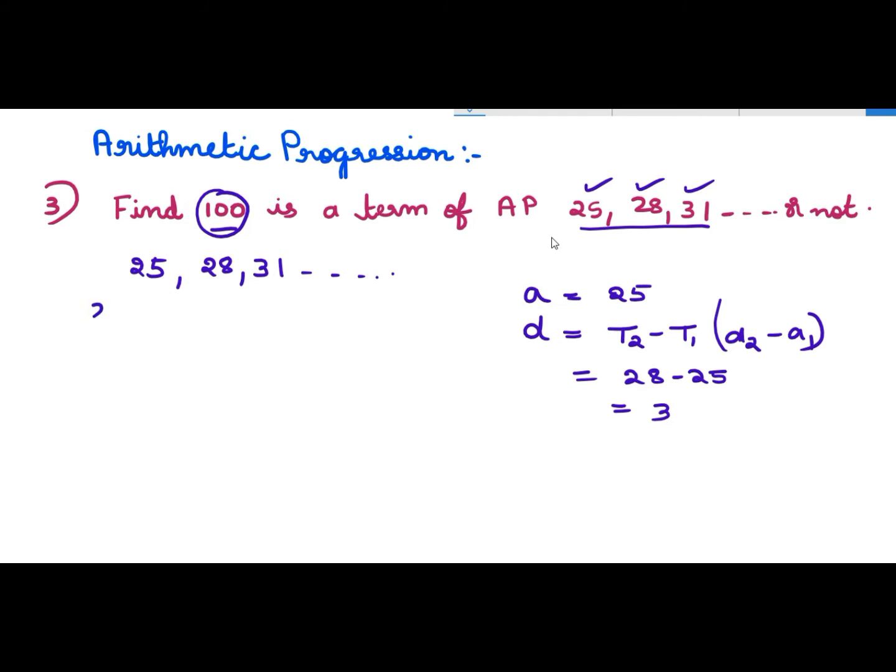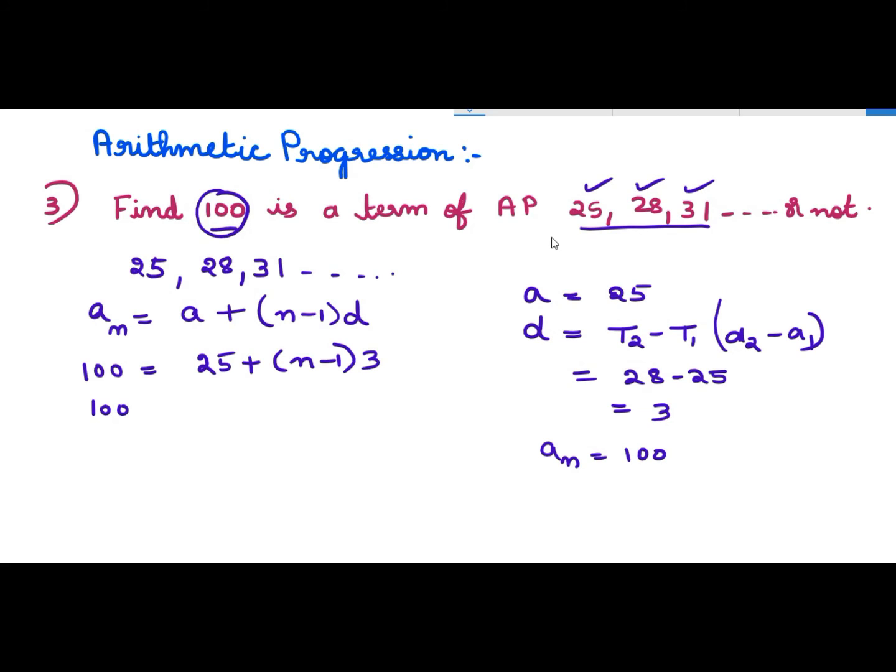Now the general term is an equal to a plus (n minus 1) into d. So an here is 100. We'll find out which term of the AP is 100. 100 equal to 25 plus (n minus 1) into 3, where 3 is the common difference. So 100 minus 25, I took the 25 to the other side, so it becomes minus.